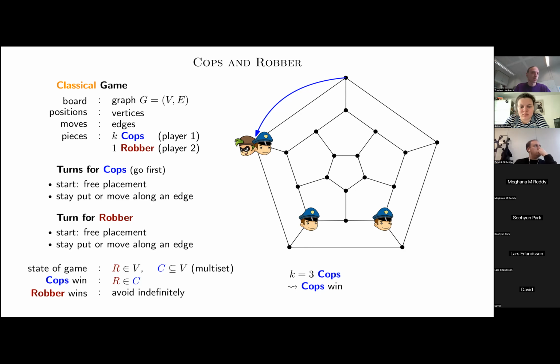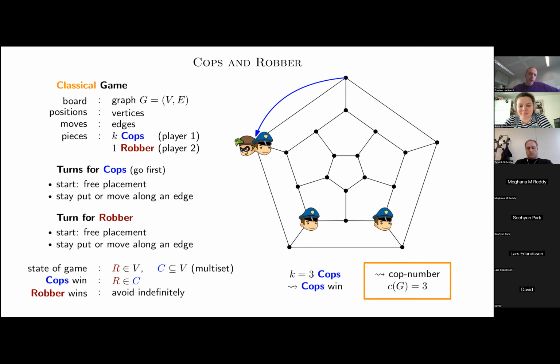So it's really about between 0 cops where the robber certainly wins and the number of vertices cops where the cops certainly win, where exactly is this turning point that the cops start to win. And we decide to call the smallest number of cops that is needed for a cop win the cop number of the graph. And for this talk, I want to denote it by C of G. So this particular graph here, my little example, has a cop number of 3.